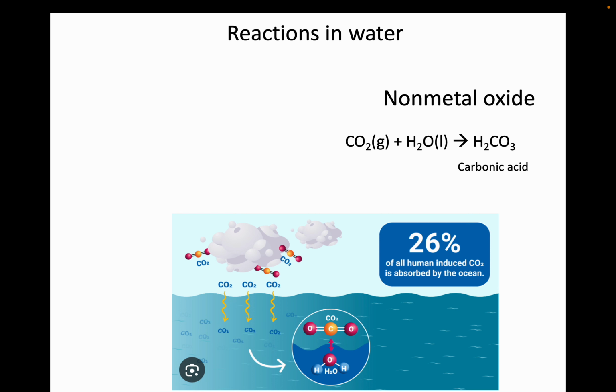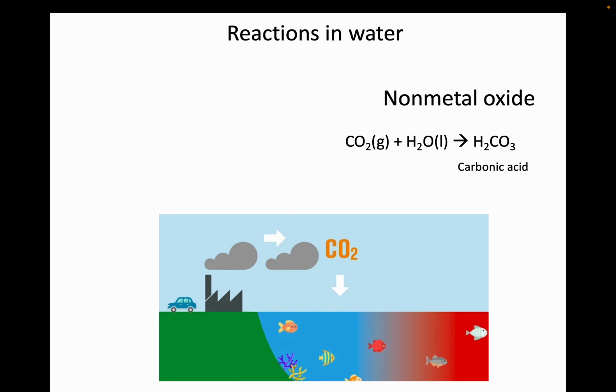It's one of the most important reactions that's taking place right now, because the carbon dioxide that's being produced through combustion reactions is going into the atmosphere, and right now, a very large amount of it is being absorbed by the oceans. This is a way that the carbon dioxide is being stored, and that's very beneficial to try to reduce the rising of the Earth's temperature due to greenhouse gases in the atmosphere.